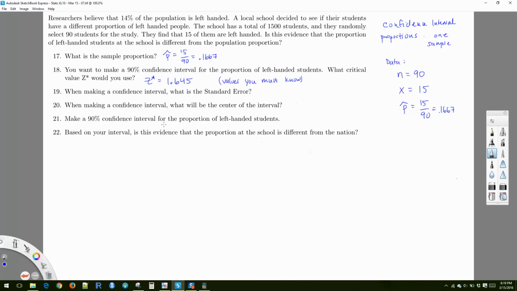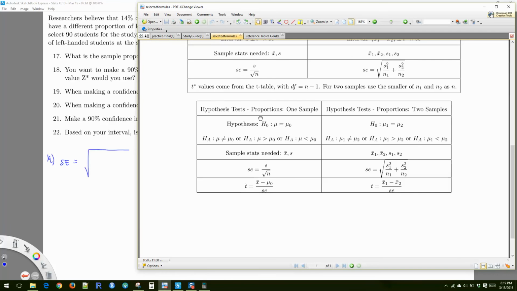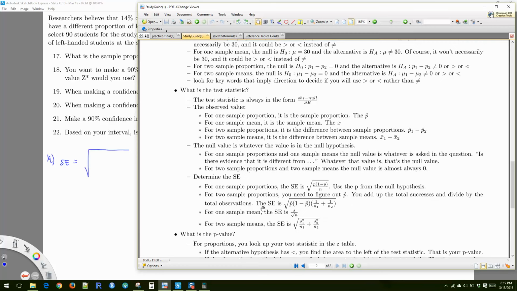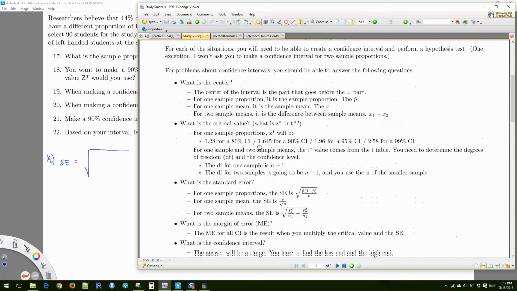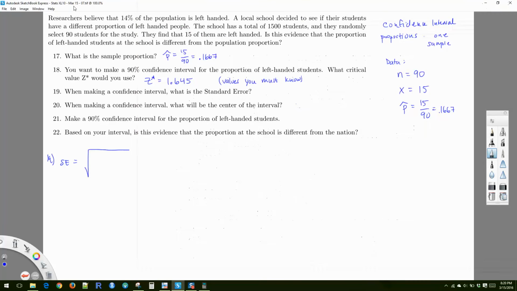Okay, and then when making a confidence interval, what is the standard error? So for number 19, our standard error is given by this formula. We can either go to the formula here, or we can look at the study guide and see that with the standard error, it's going to be p hat when dealing with one proportion, not p0.